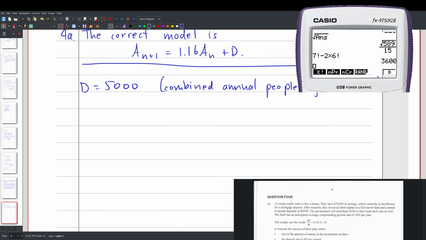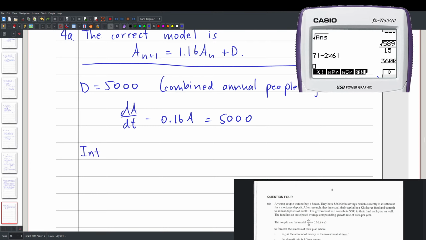So dA/dt. Wait, this is so dumb. Okay, so there's no way to solve this other than integrating factors, right? dA/dt minus 0.16A equals 5,000.